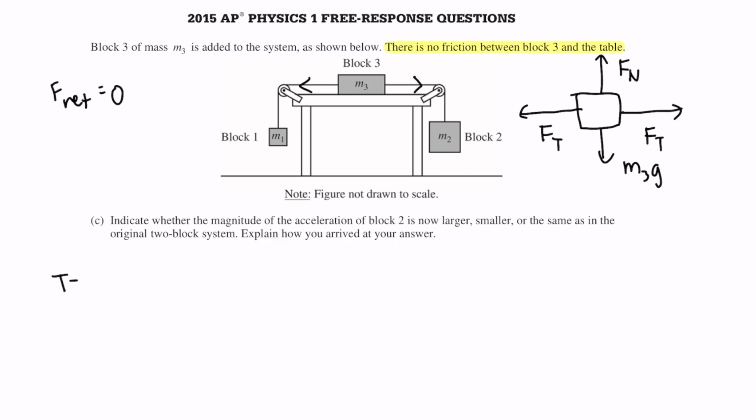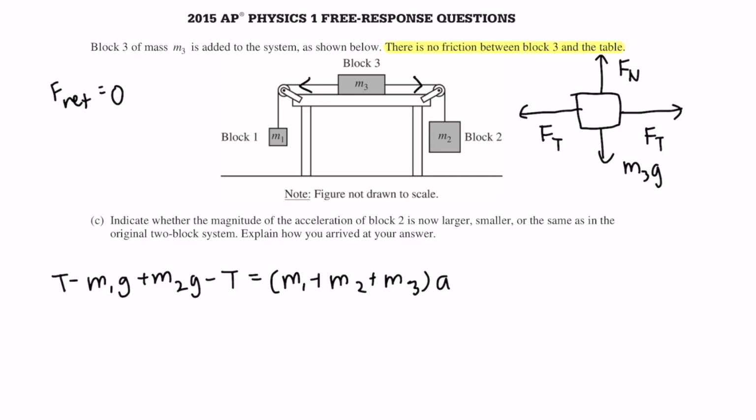So we can write the same system of equations as we did for the last one with a little change. Here, the tension minus the force of gravity on block 1 plus the force of gravity on block 2 minus the tension is equal to the sum of all three masses times the acceleration of the system.